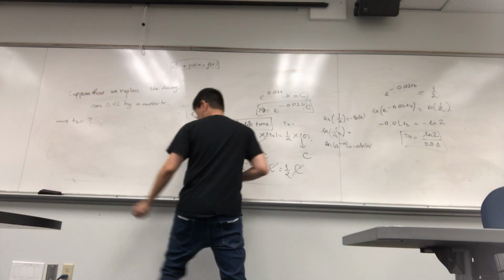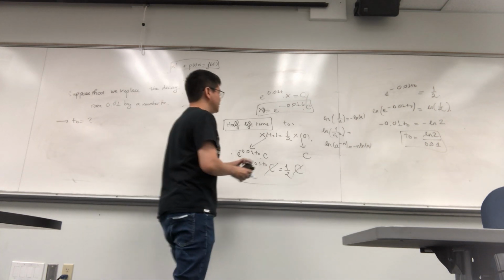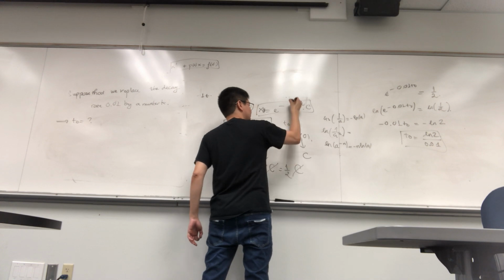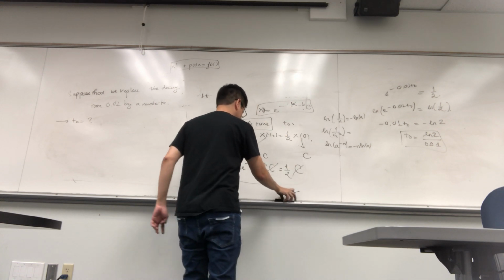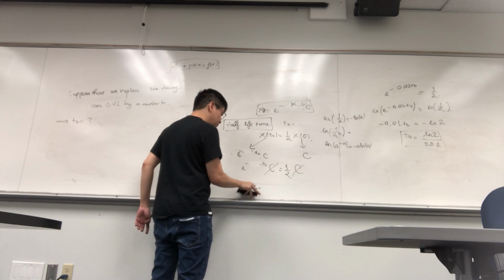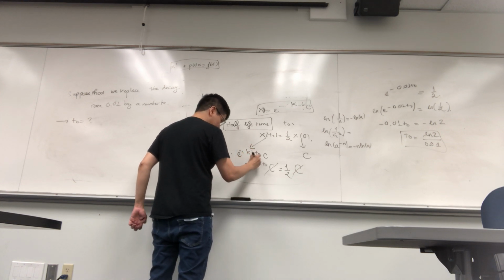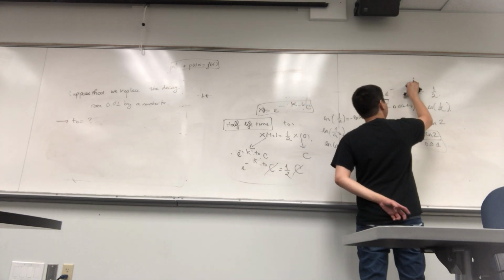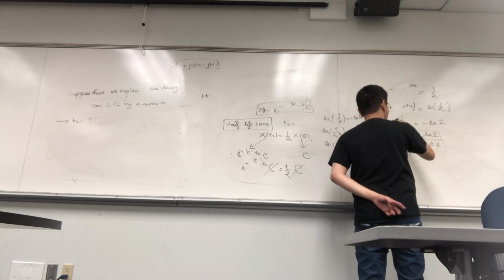So here I'm going to replace this by the number k. Whenever I have 0.01, I can replace it by k. So here I have minus k.